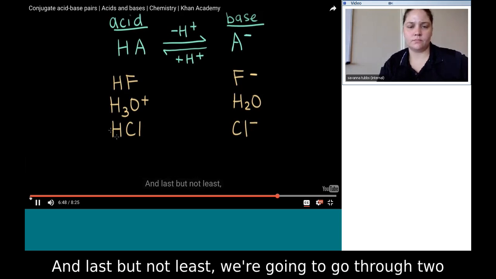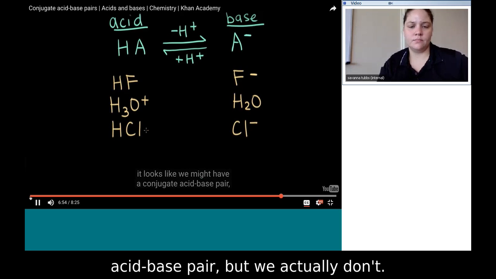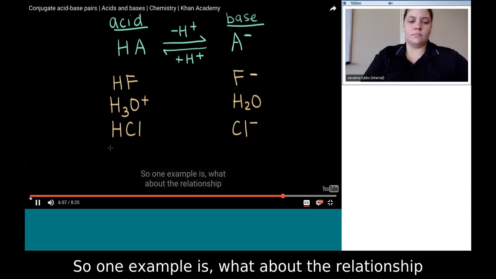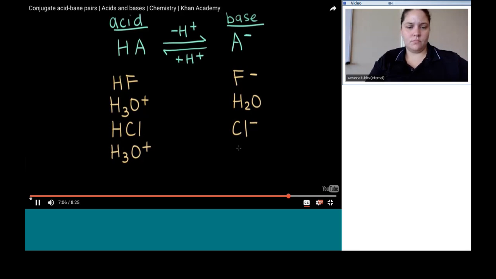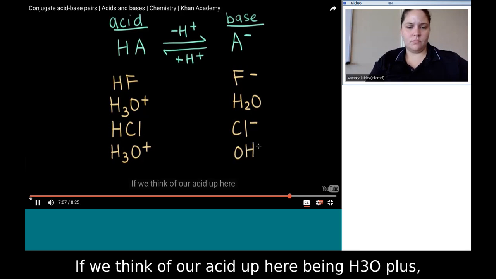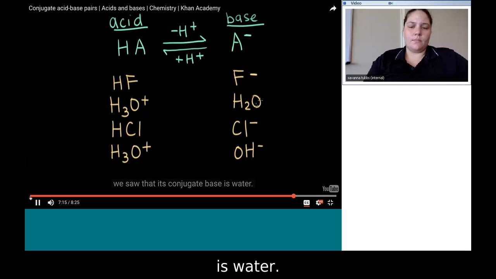And last but not least, we're going to go through two examples where it looks like we might have a conjugate acid-base pair, but we actually don't. One example is, what about the relationship between H3O plus and OH minus? If we think of our acid being H3O plus, if we lose one proton, we saw that its conjugate base is water.